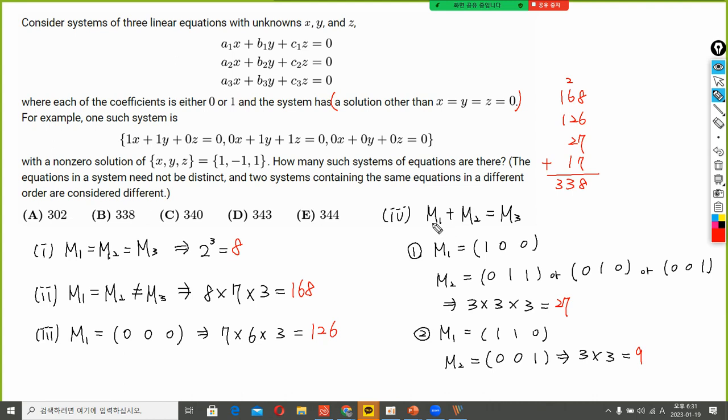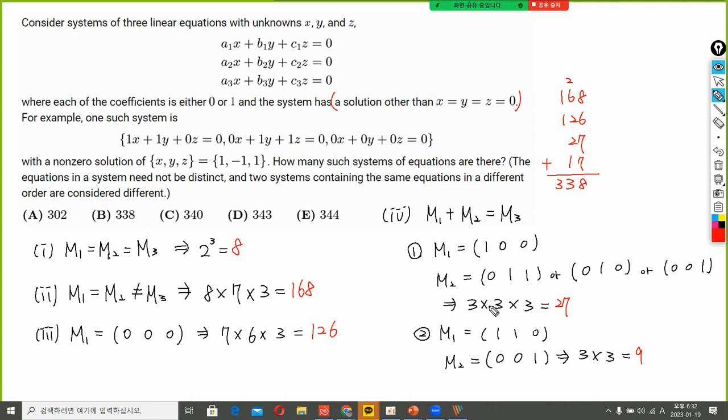So the first case is, let's say the first row coefficient is 1, 0, 0, and in such a case the second coefficient should be one of these three cases, and the sum of these will make the coefficient for the third equation. So there are three cases for M2, and for M1 it can be either 1, 0, 0, or 0, 1, 0, or 0, 0, 1.